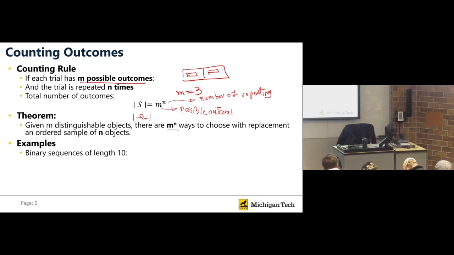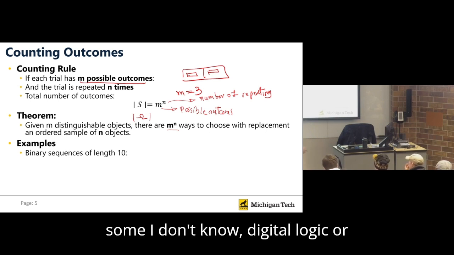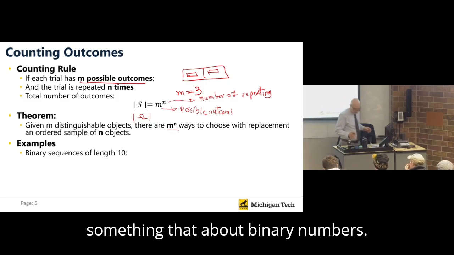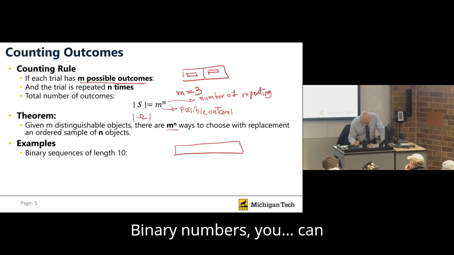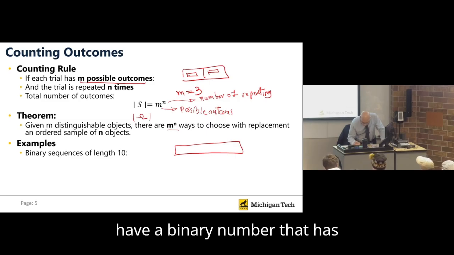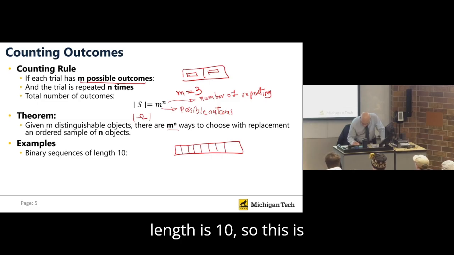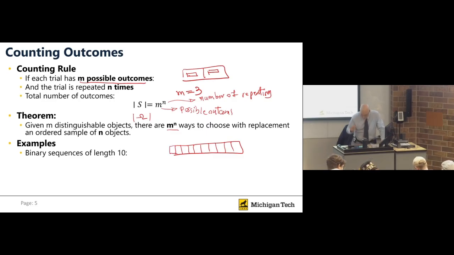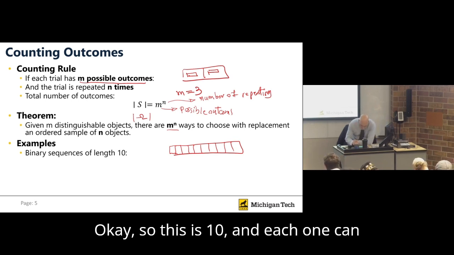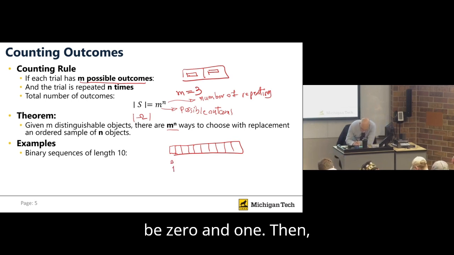You probably had some digital logic or something where you learned about binary numbers. With binary numbers, you can use 0 and 1. We have a binary number whose length is 10, and each position can be 0 or 1.